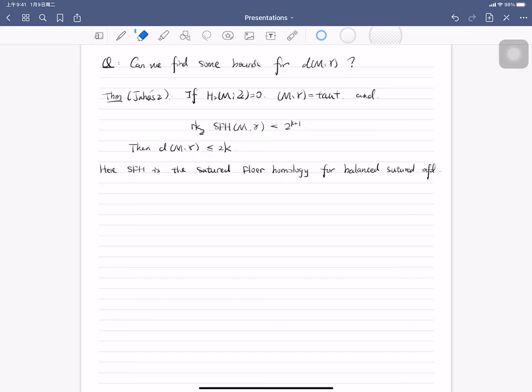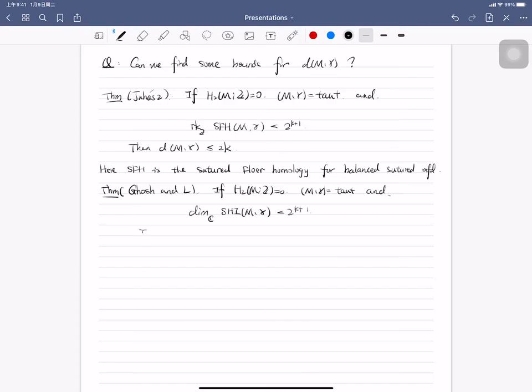So in instanton theory, this is the work of me and my collaborator, that if we have the same condition, but this time we look at the dimension of the sutured instanton Floer homology, and that's strictly smaller than 2 to the k plus 1's power, then the depth d of M gamma is at most 2k.